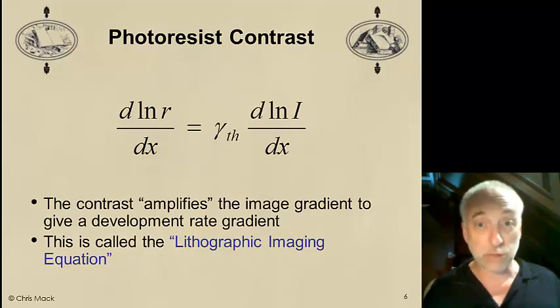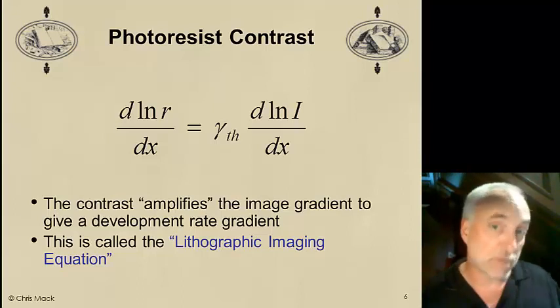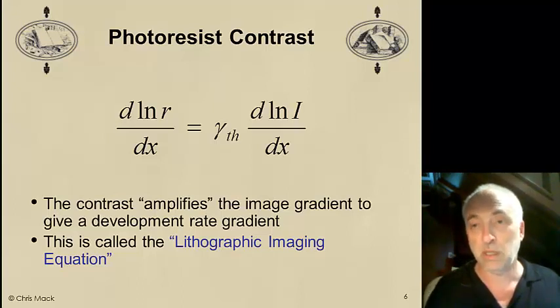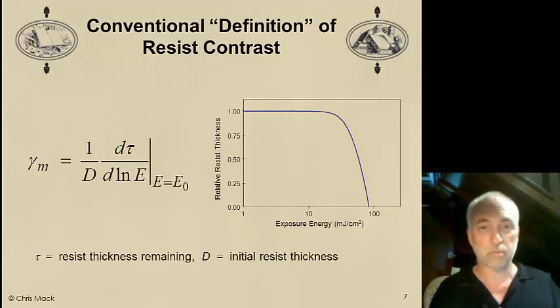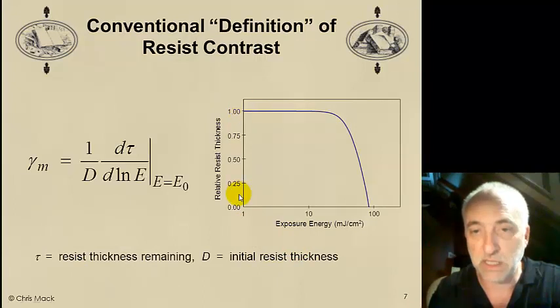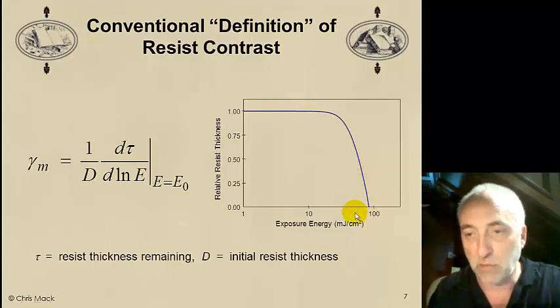My next question is, how does this measure of contrast compare to the old measure of contrast, the conventional measurement? So let's go back to the conventional measurement. Remember, we had relative resist thickness versus exposure dose on a log scale. We had a curve that looked like this, and then we measured the slope as it reached the bottom.